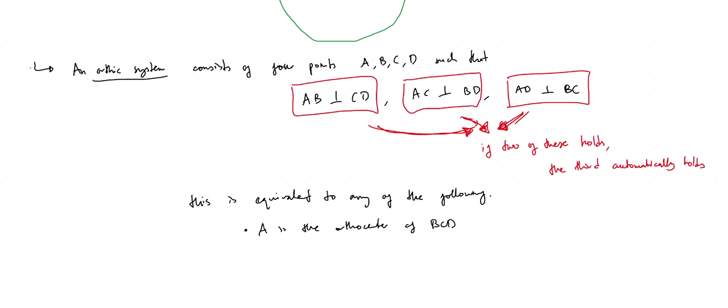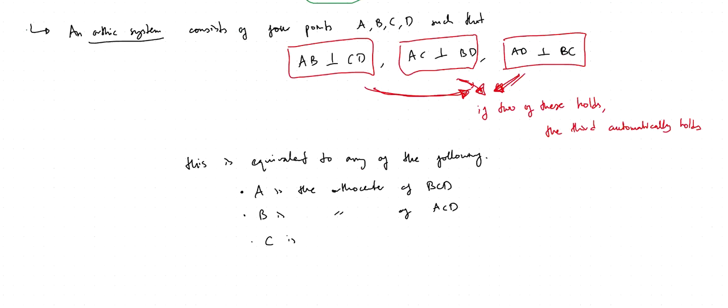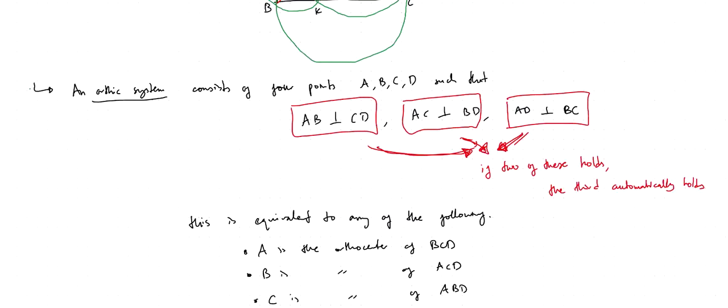B is the orthocenter of ACD. C is the orthocenter of ABD. And D is the orthocenter of ABC. All of these are equivalent statements. All four statements are equivalent because, if you expand them, all four of them are equivalent to this.